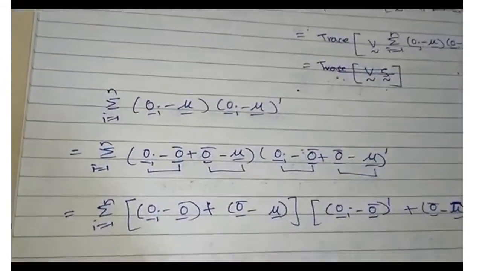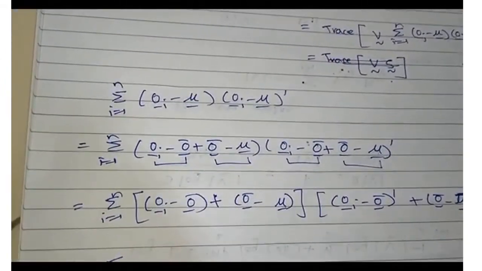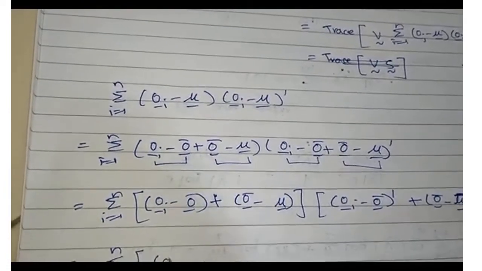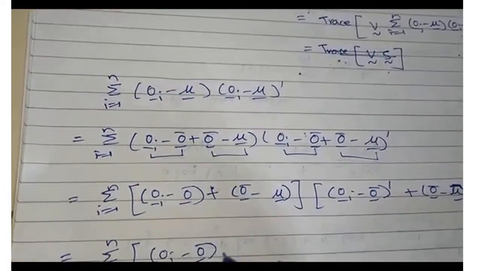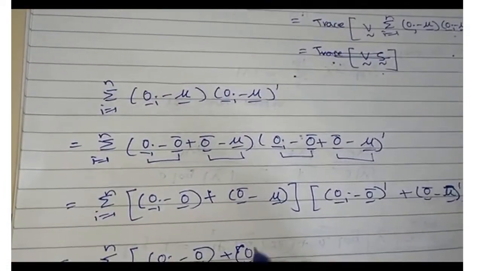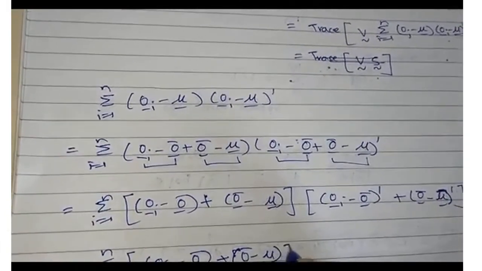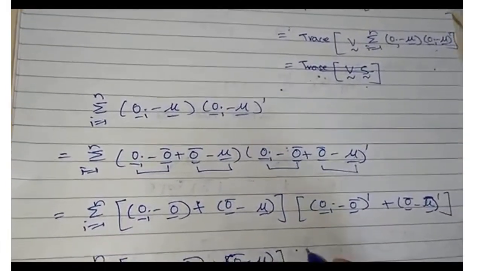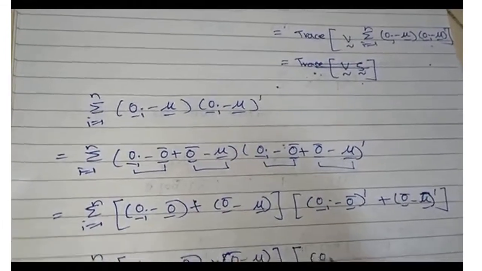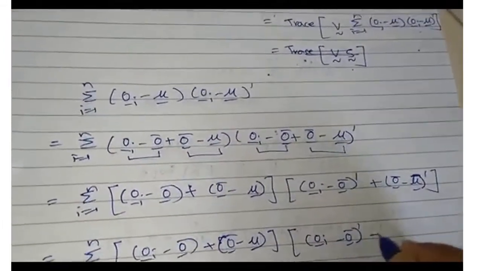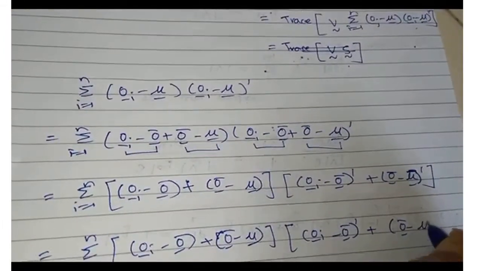Okay, so this becomes the sum over i going from 1 to n of y minus o bar plus o bar minus mu, into y minus o bar prime plus o bar minus mu prime.